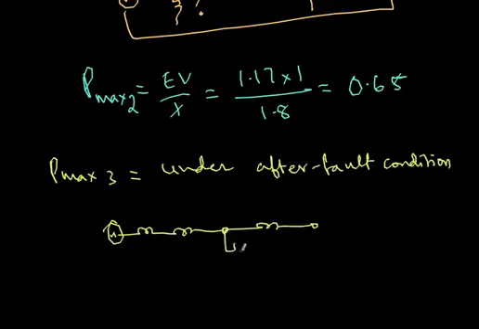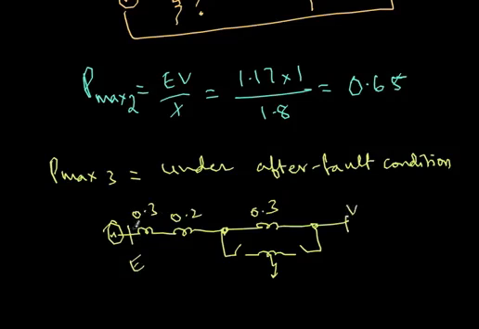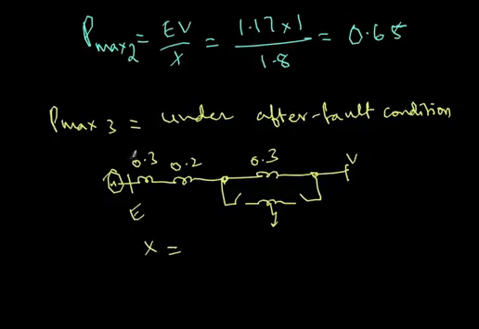Let me just show it as open circuit. So the circuit breakers on both sides open, and then this fault is isolated. So this is 0.3, this is 0.2, and this is 0.3. So this is E and this is V. So the total impedance now is just a series addition of this. So the total impedance is 0.8 per unit.